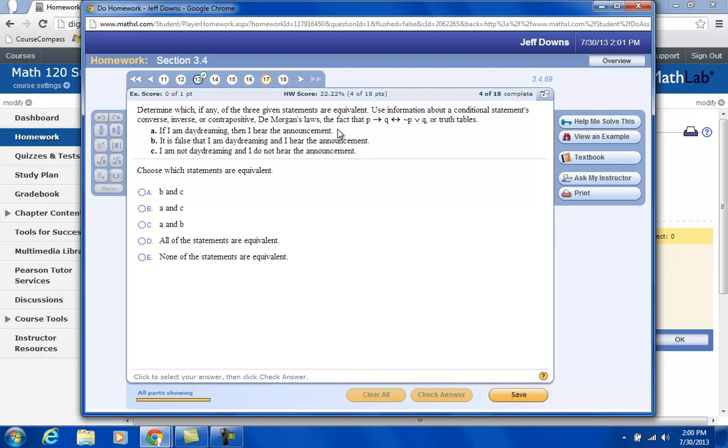A is if P then Q, B is not P and Q, so it would be A and B.